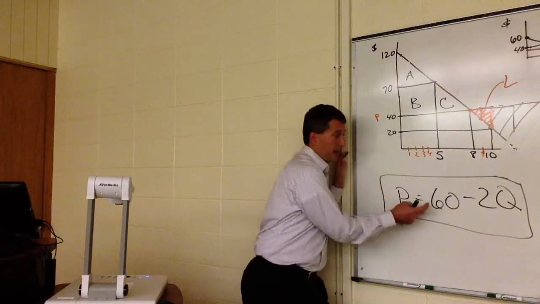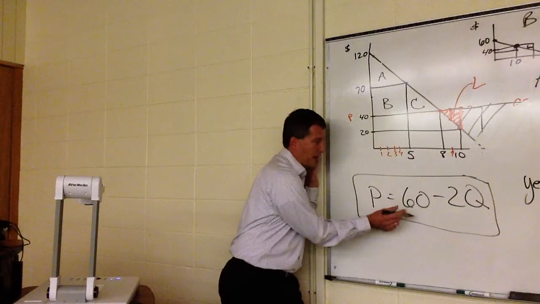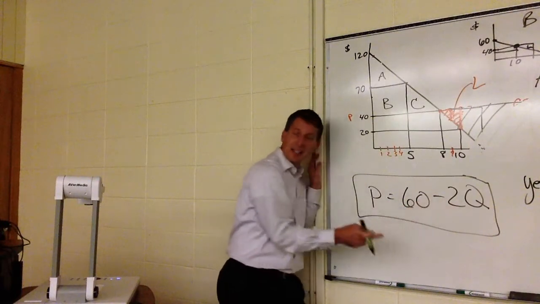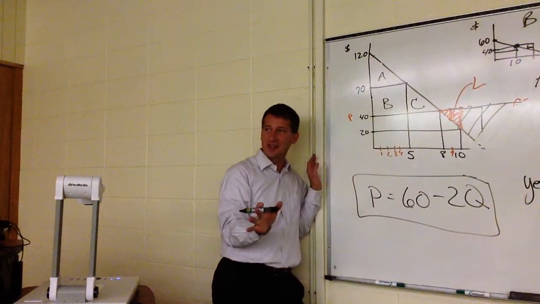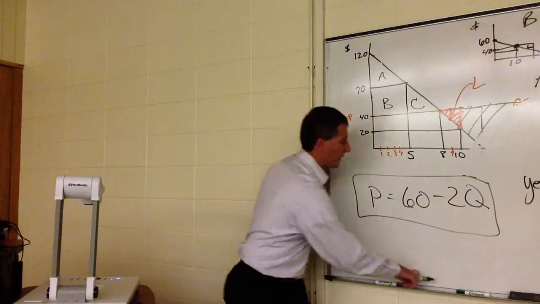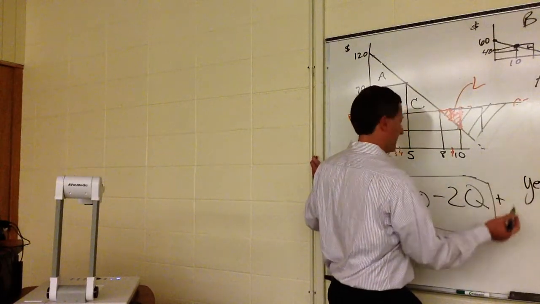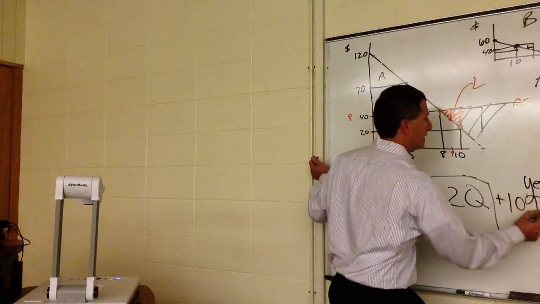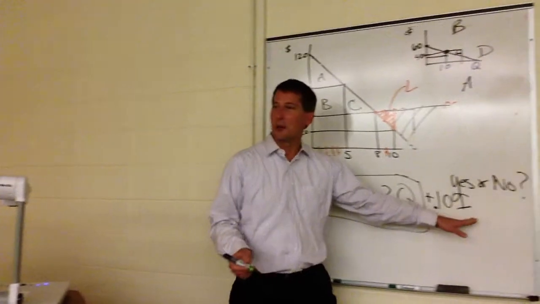So now, if there's an increase in income, getting back to Taylor's mathematical brain here, I suspect you were thinking, well, there's a Q, there's a P, and I don't see an I in there, right? So the real equation might look like this, plus, I don't know, 0.10I, which is your weekly income or something, right?